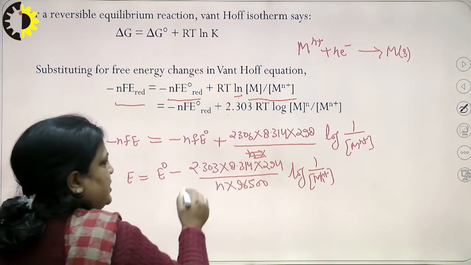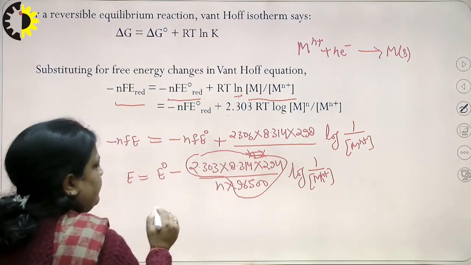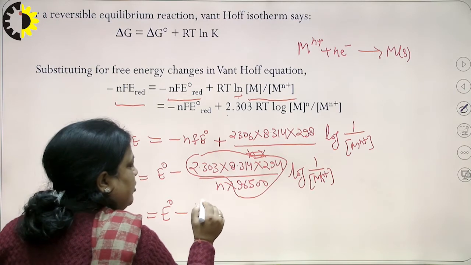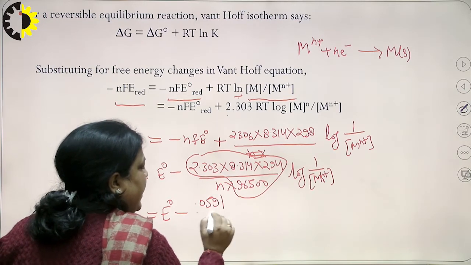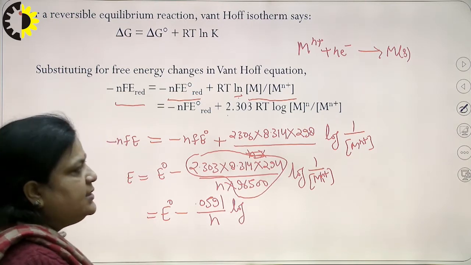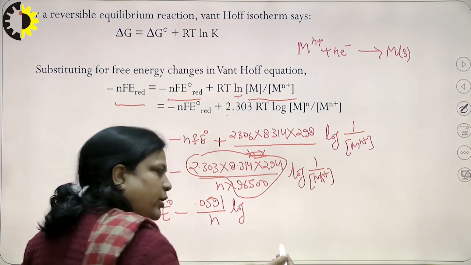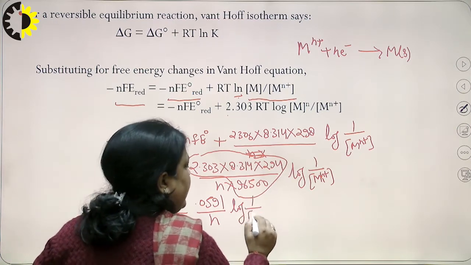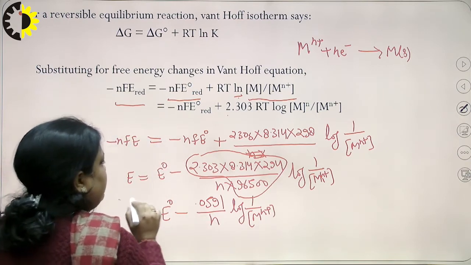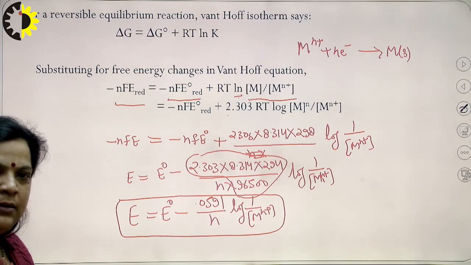If we solve this, 2.303 into this value comes to 0.0591 upon n log of 1 upon Mn plus, or we can say log of product upon reactant, or K or Q. This is the Nernst equation for a half cell, and this half cell is reduction.